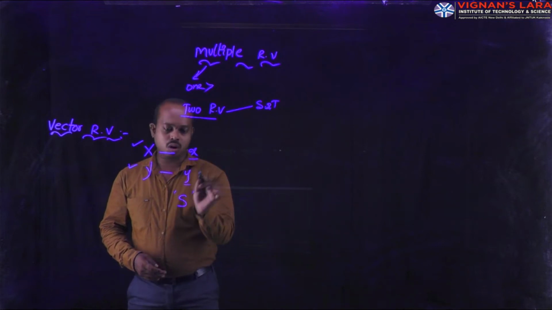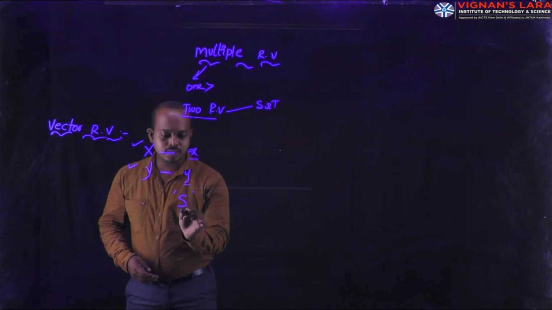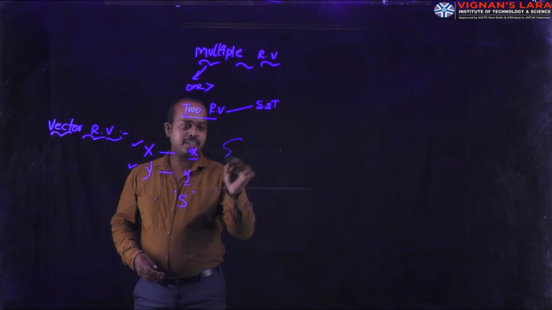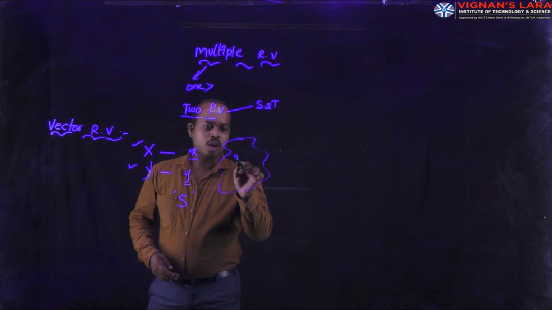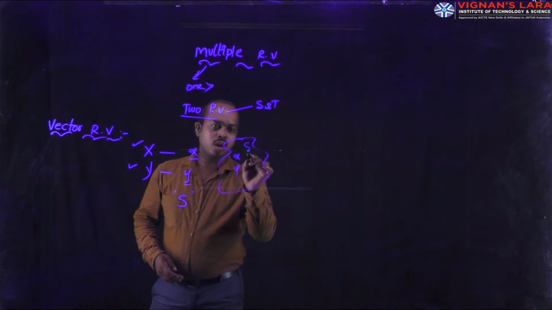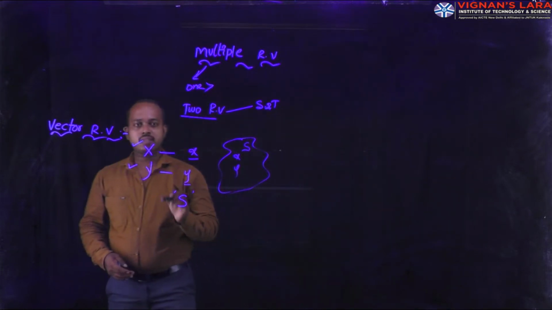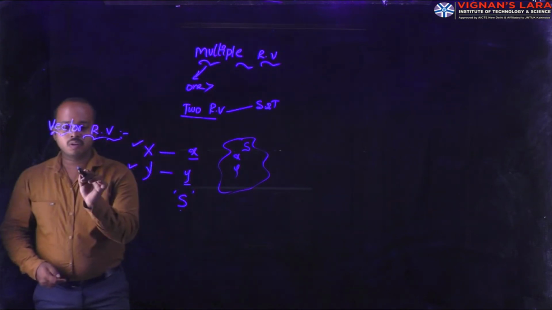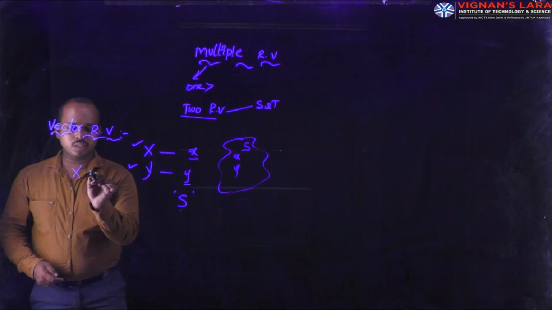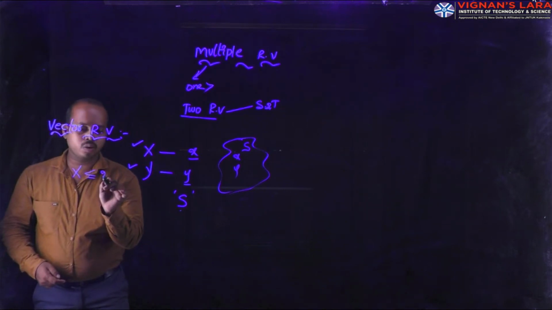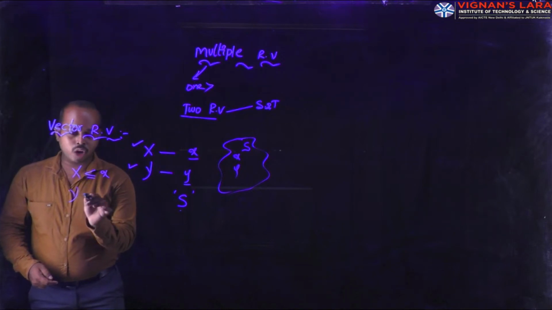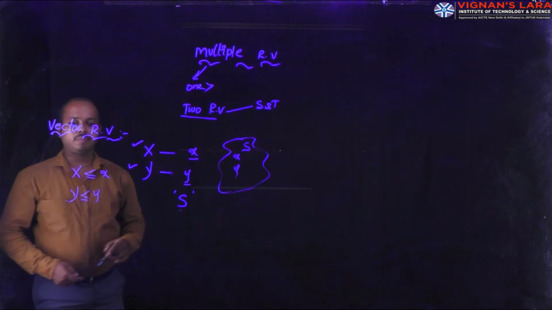These two lie on the sample space S. Now you can represent the events of random variable X as capital X less than or equal to small x, and the event relating to Y as capital Y less than or equal to small y.